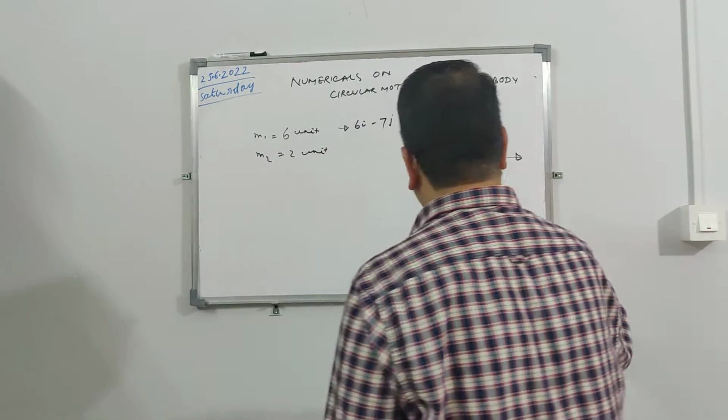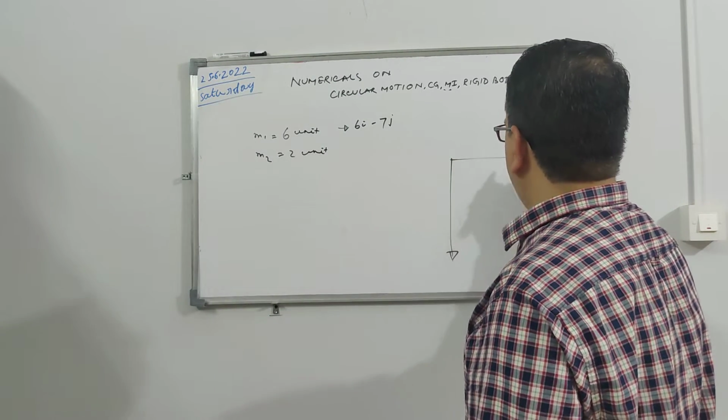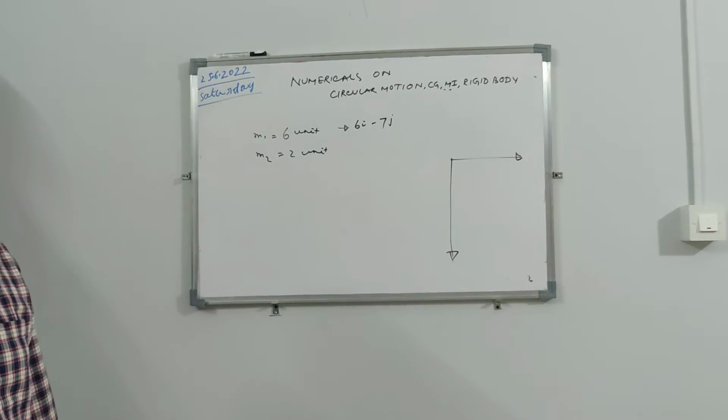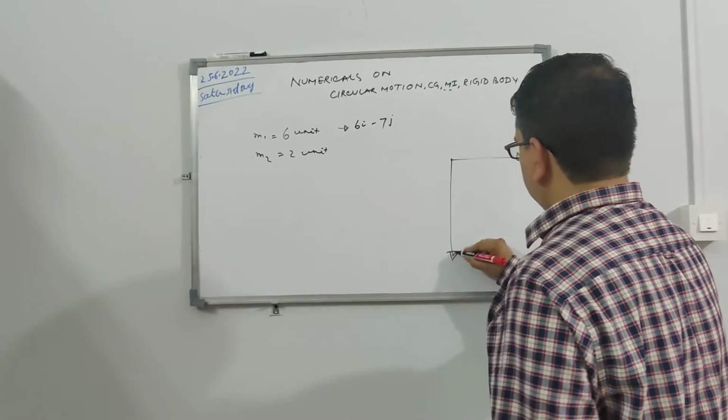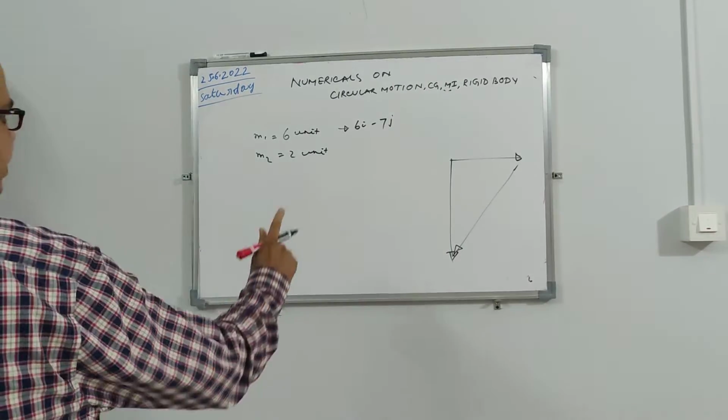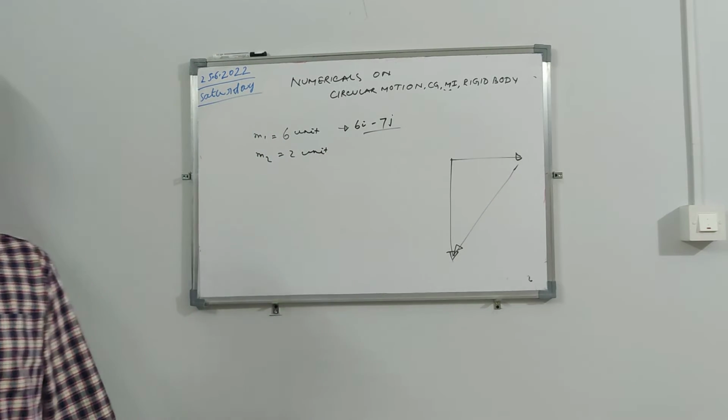So based on the resultant you will get the vector. So this one position vector is this.